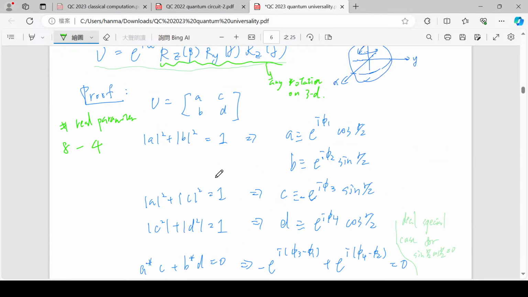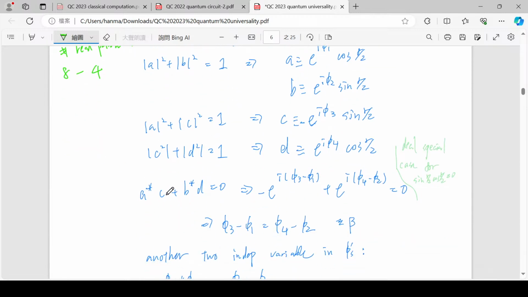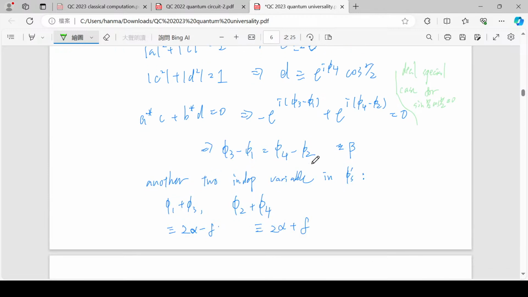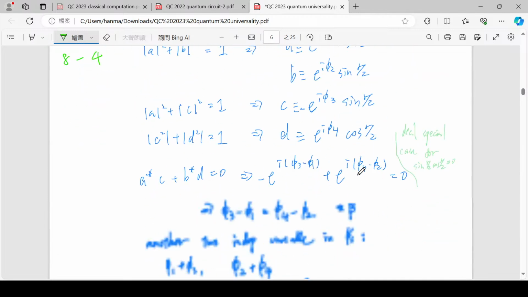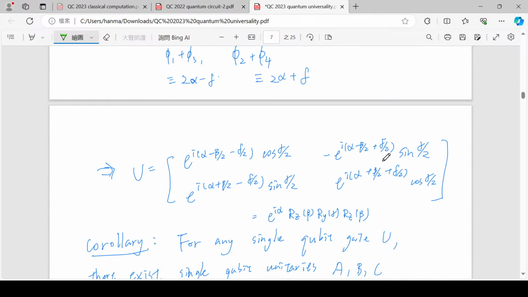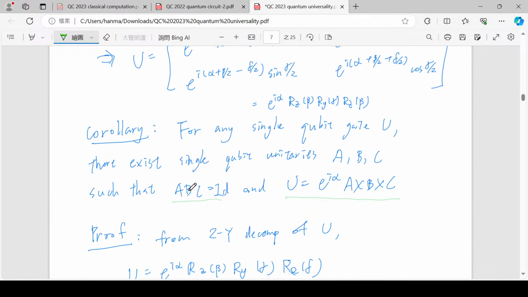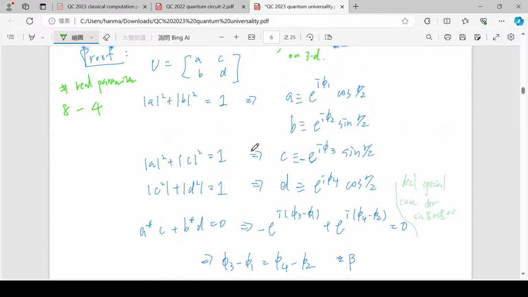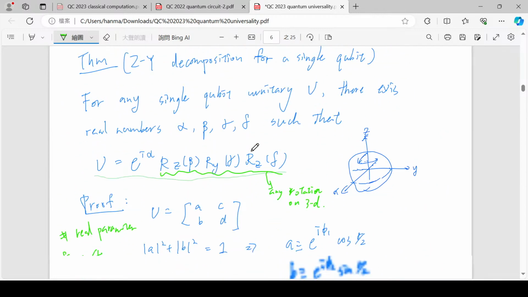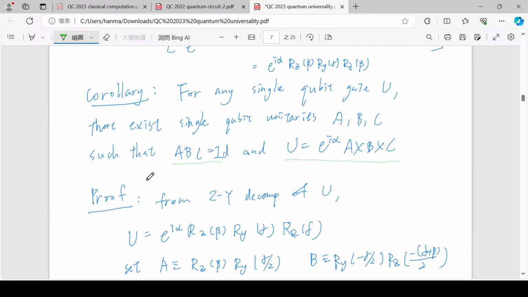Then you use all the constraints to deduce that the remaining 4 parameters can be parameterized in this way, and you can parameterize the U with the remaining 4 parameters in this way, and it is exactly what we say. It is true. Okay, so this is a bit of an ugly theorem, but then we can use it to do something cool now.